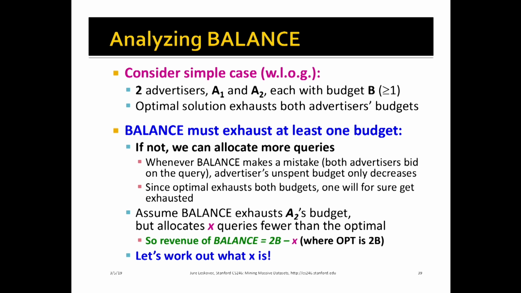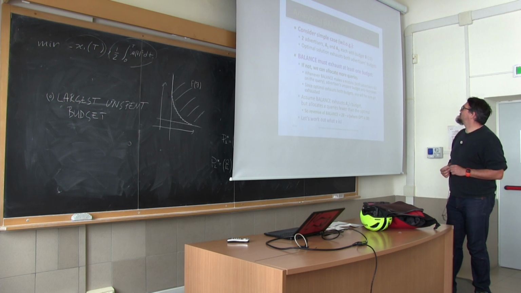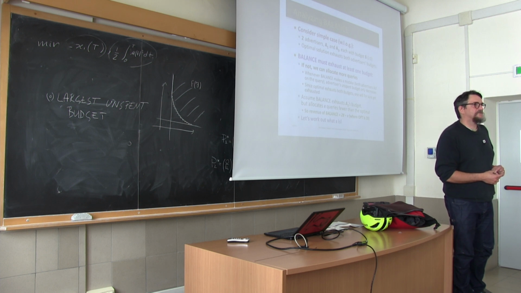So in this case, we have 2 advertisers, A1 and A2, each with a given budget B, which is greater than or equal to 1. The idea is to prove the lower bound, assuming that the optimum solution exhausted both advertisers' budgets.